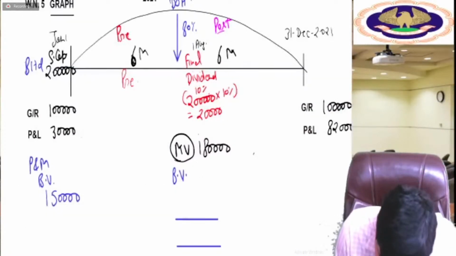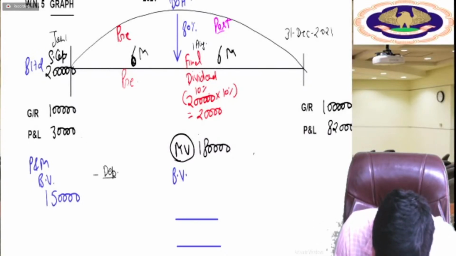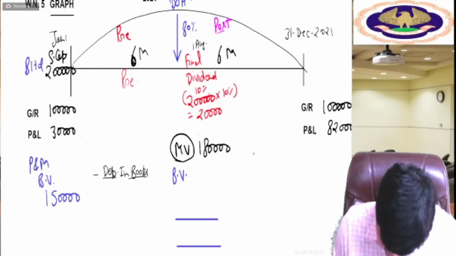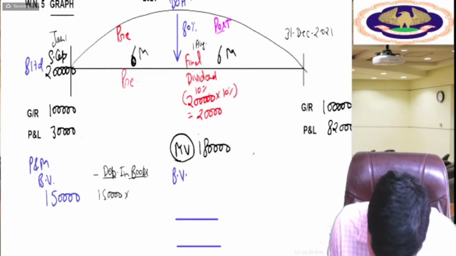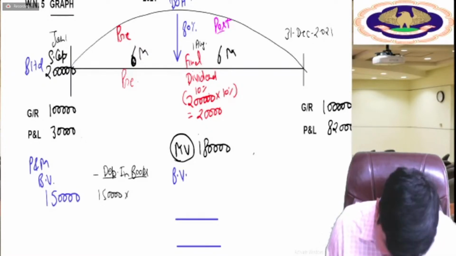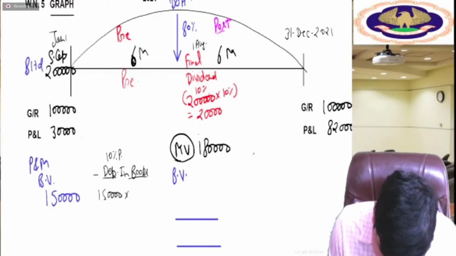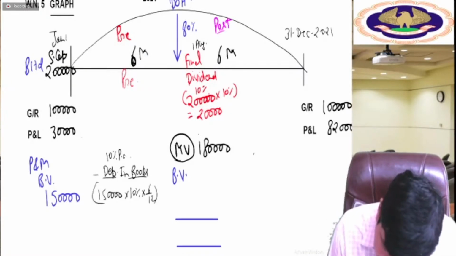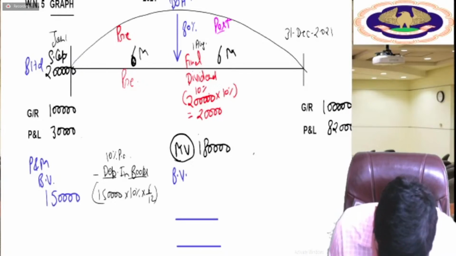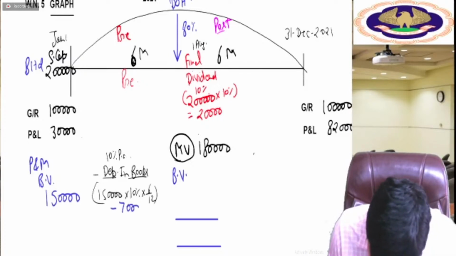Please reduce depreciation here in the books. What depreciation was charged in the books? Six months' depreciation: 1,50,000 multiplied by the rate of 10% per annum, multiplied by 6 divided by 12. That is 7,500, the depreciation which has been charged during the first 6 months.